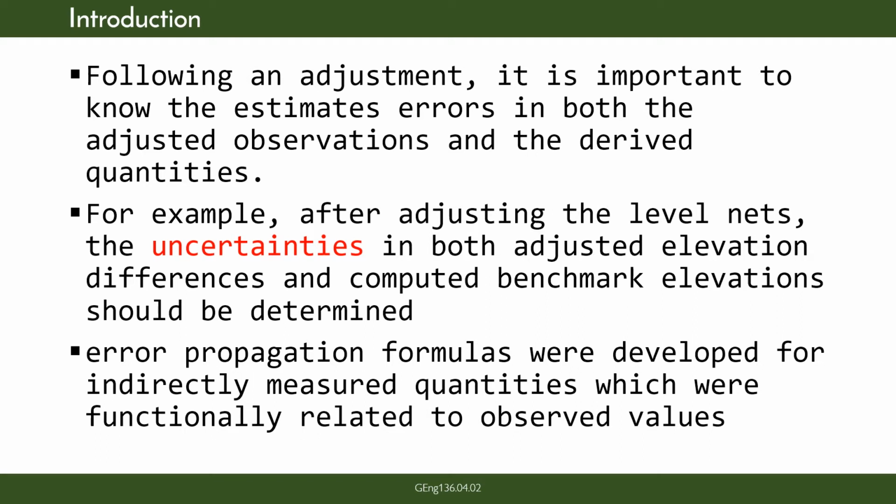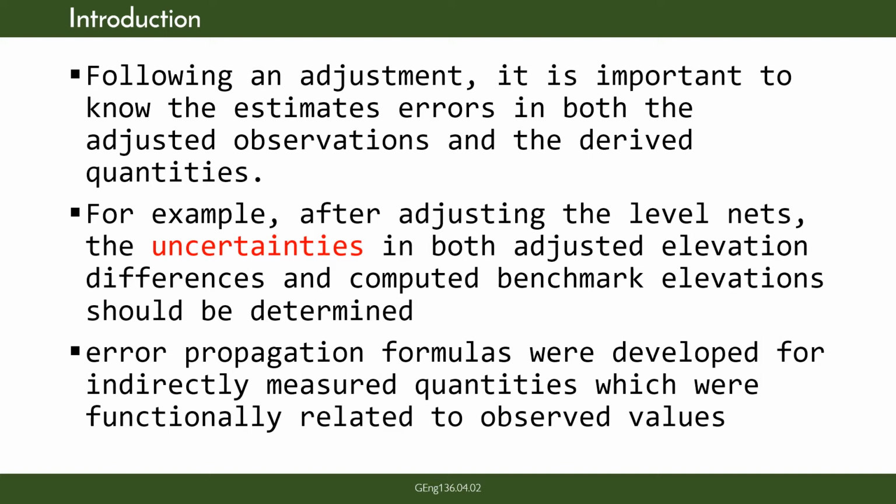So there are some things that we need to identify, like the a priori, meaning the before-adjustment errors, then the a posteriori, the after-adjustment errors. So we must be able to identify those two so that we can decide that this error is valid to use as our reference variance.